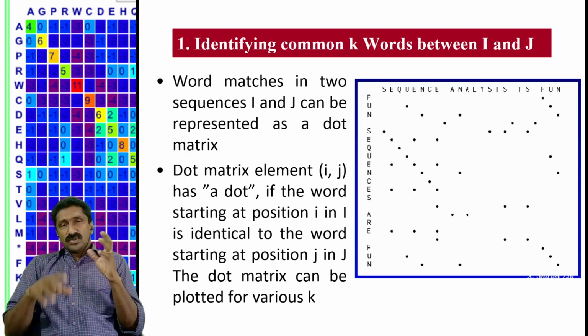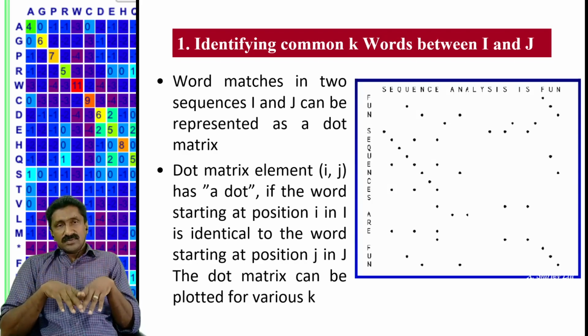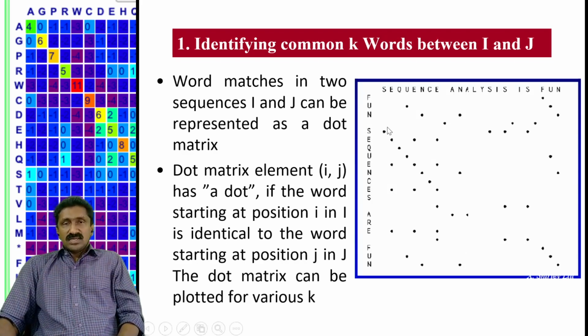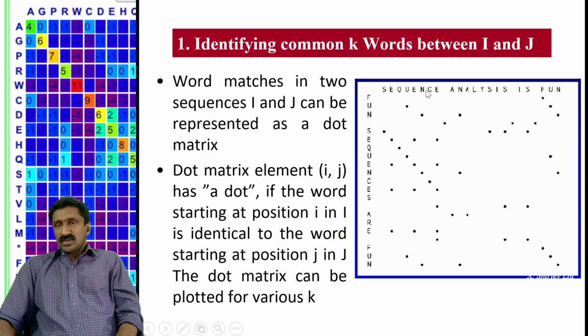Now you can see this is the representation in which exact word matches are represented. For example, this sequence is compared with this sequence. If the word exactly matches, you will get a diagonal, and if this word matches with this one, you will get a diagonal, and these are scattered points.